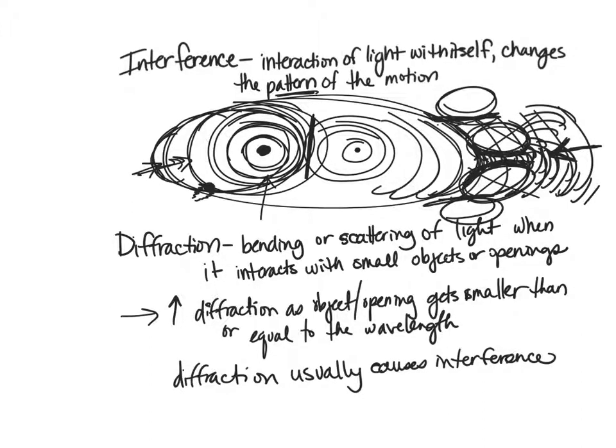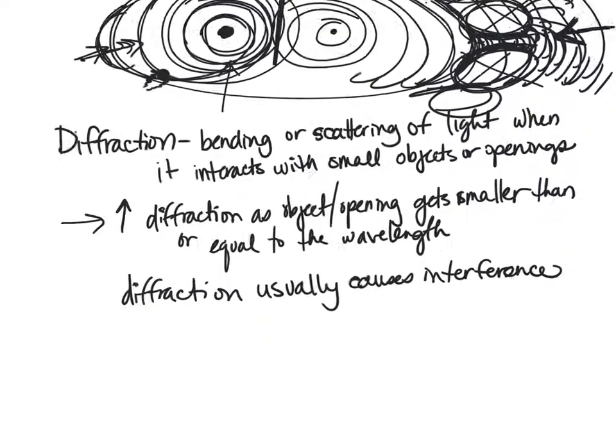And when we talk about interference, we can talk about the ways that they interfere. We can change the patterns based on how those different things interfere with each other. And so we see that interference happen oftentimes when there is diffraction. When we have something in the way, something small or an opening, that is going to cause that interference.